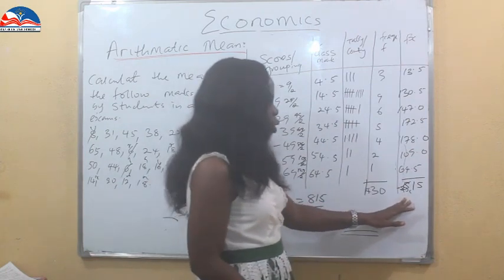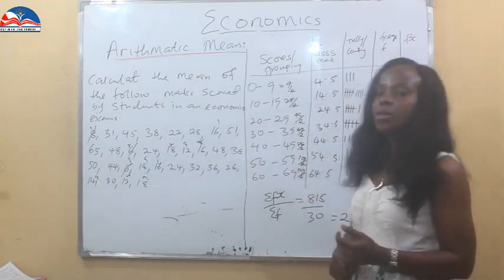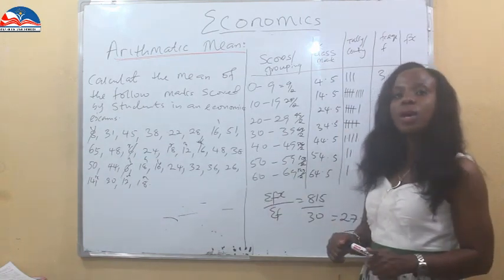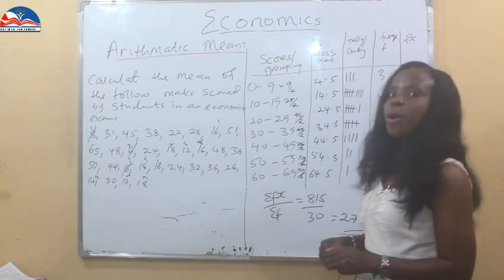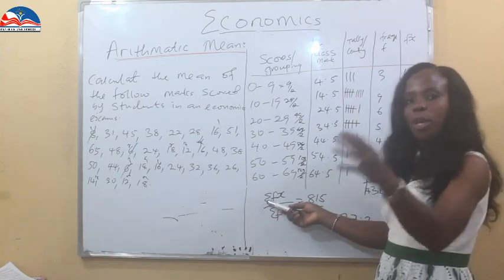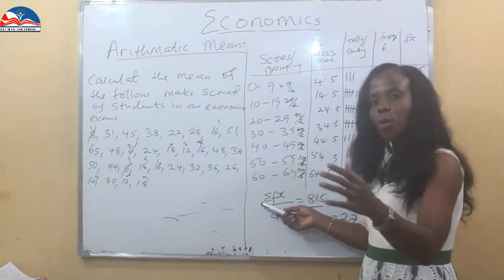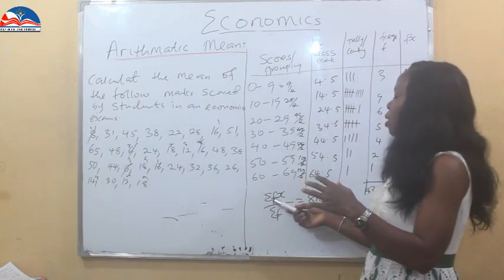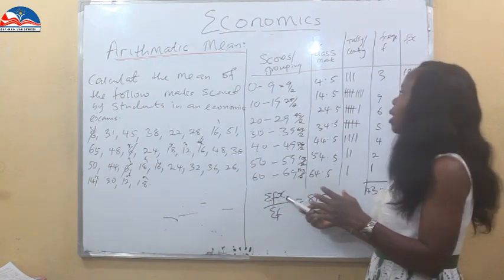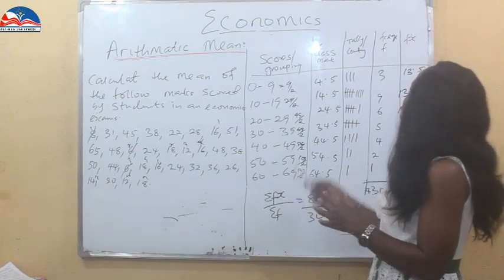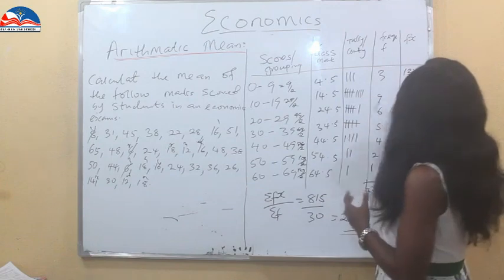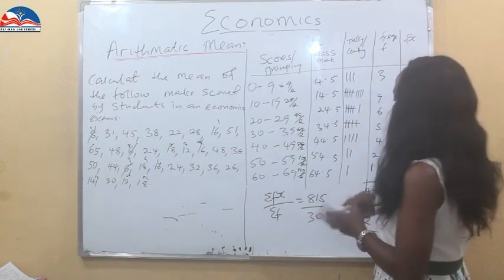Now our formula comes into play. I told you there is a slight difference between the group frequency and just the small frequency that will have few number of students or few number of scores. In this one, our sigma, which is the summation denoted by the Greek letter for sum of, fx, frequency times the class mark, over the number of scores, which is this divided by this.